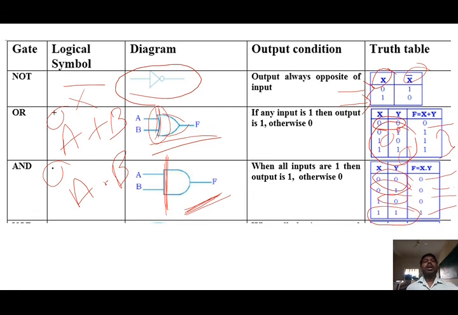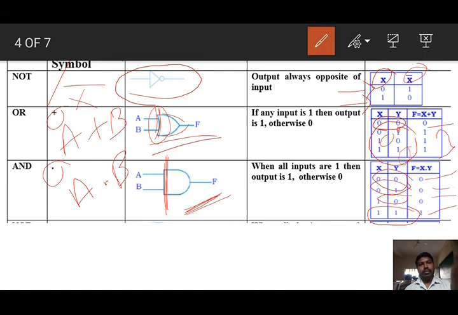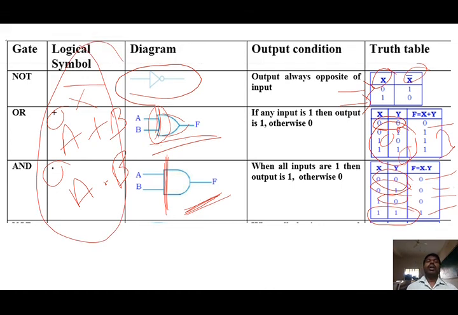Here the logical symbol is optional. You can write it or leave it. But the diagram, output condition and the truth table are mandatory.